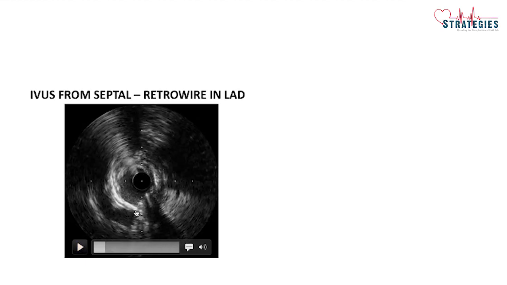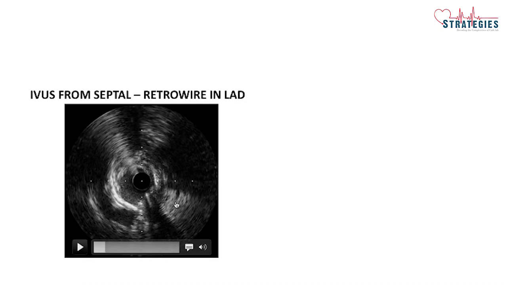If you see, there is a lot of calcium in the proximal cap, and this is the exact reason why all the wires, either retrograde or antegrade, are going subintimally. This calcium is not allowing wires to pass through.